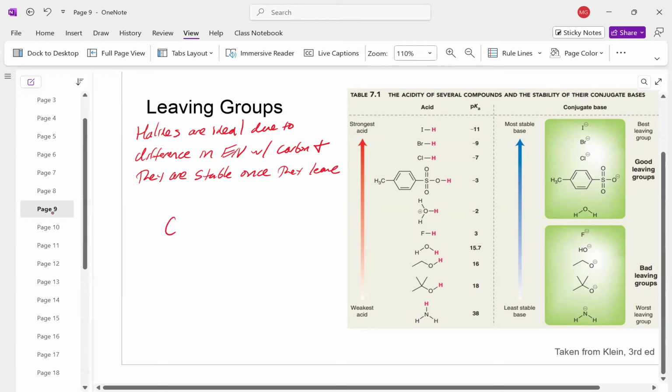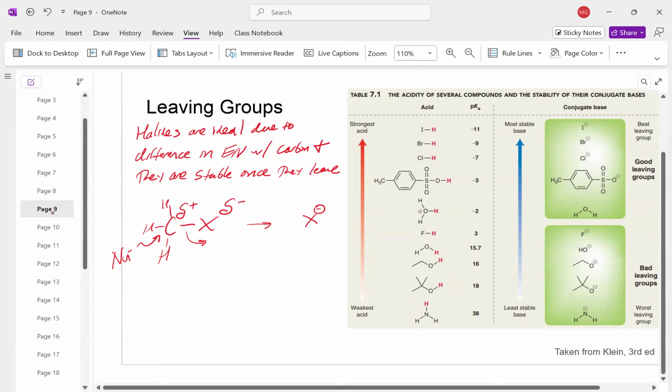So if we look at a carbon-halogen bond, since the halides are more electronegative than carbon, that creates a partial positive region on the carbon, which a nucleophile would love to make a bond with. And halides, once they leave, form that X minus, which is a stable ion.